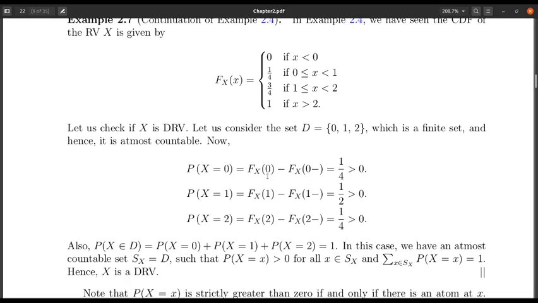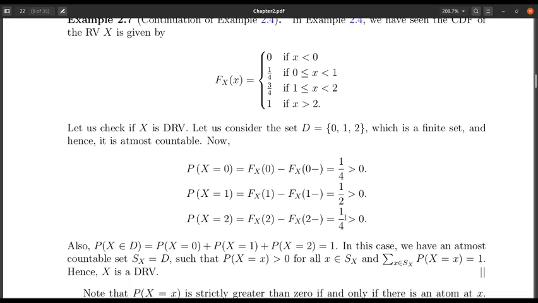This is simple because the probability that X equals small x can be written as F at the point small x minus F at the point small x minus, which means the left hand limit. Once I write it in this form, I can find the probabilities from the distribution function, and those probabilities are 1 by 4, half, and 1 by 4.